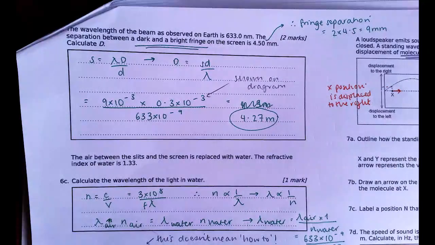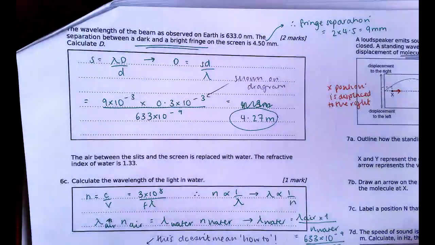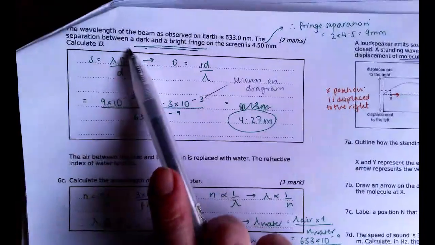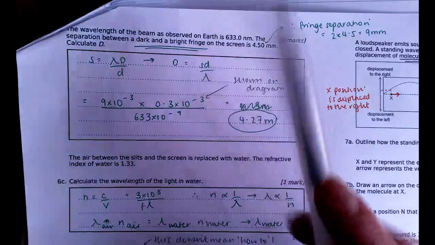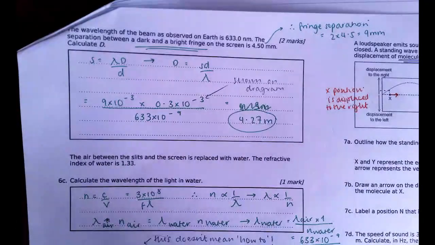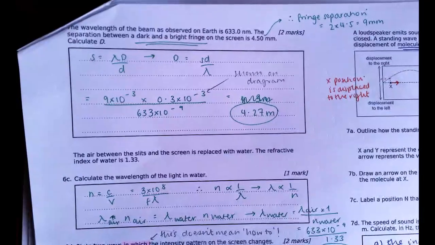Then it tells us that the wavelength of the beam is 633 nanometers. Be careful here. The separation between a dark and a bright fringe on the screen is 4.5 millimeters. Now, for our single slit diffraction, the angle gives us our first minima, right?